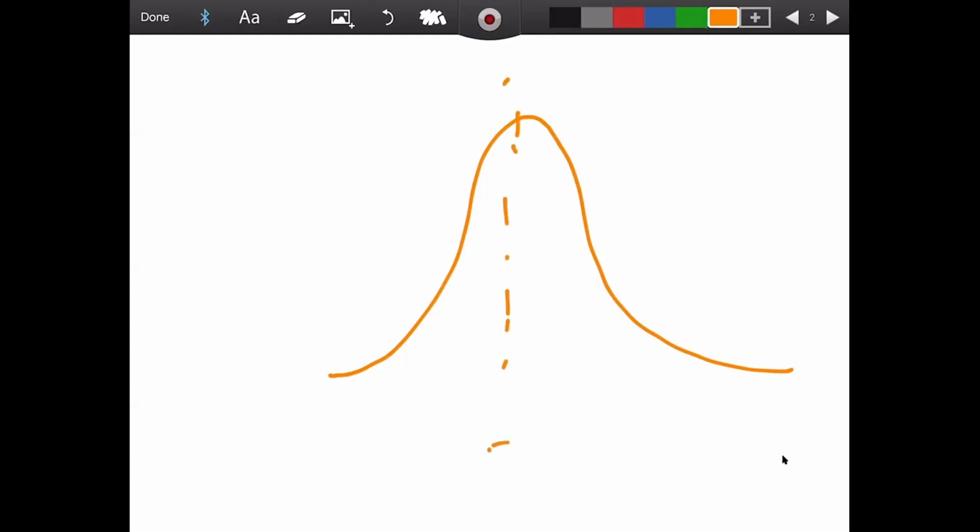And so if we go back here, let's say our red mean was here, our black mean was here, and our green mean was here. And you're doing this for all sorts of samples pulled from this population. You then get this distribution in here.